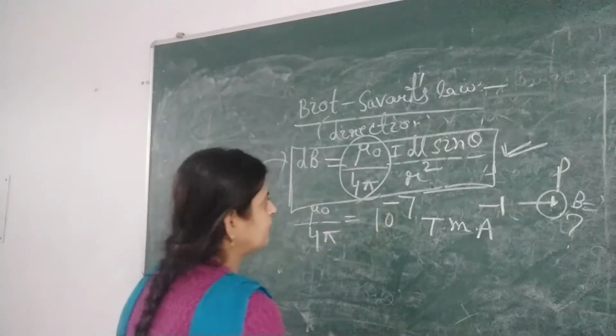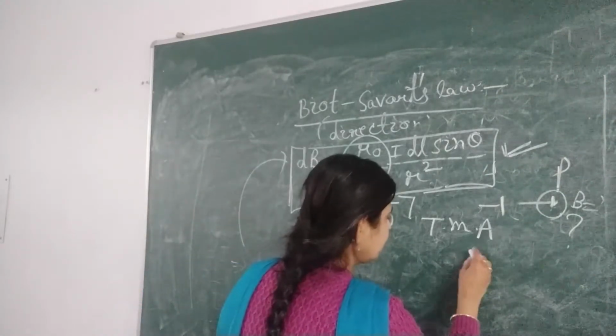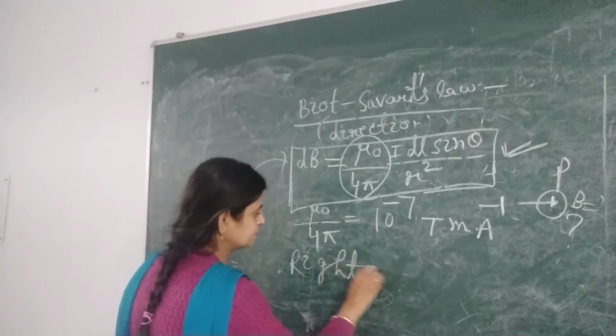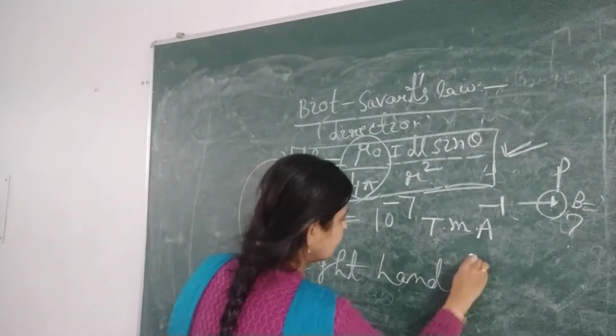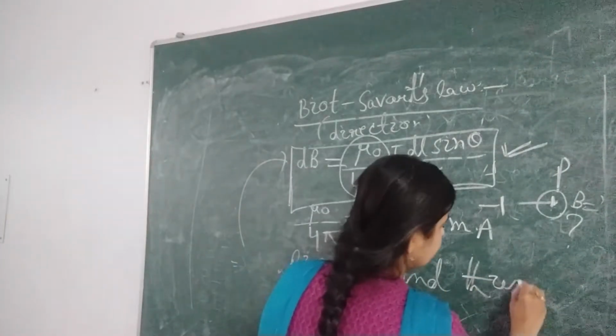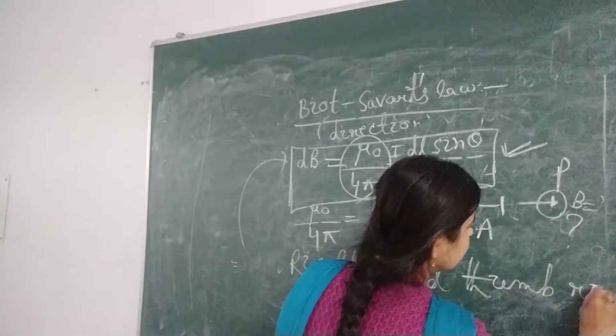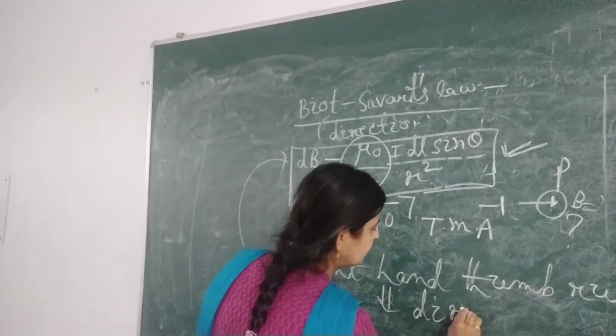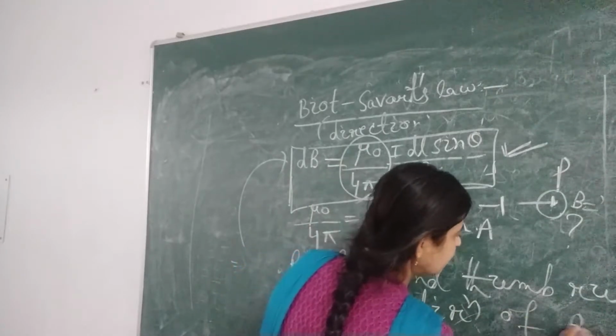Now, by using the right hand thumb rule, which we have already discussed, we can find out the direction of the magnetic field.